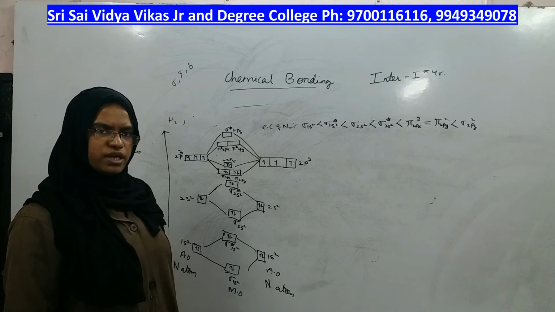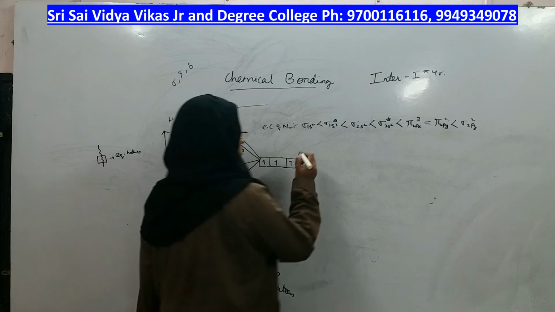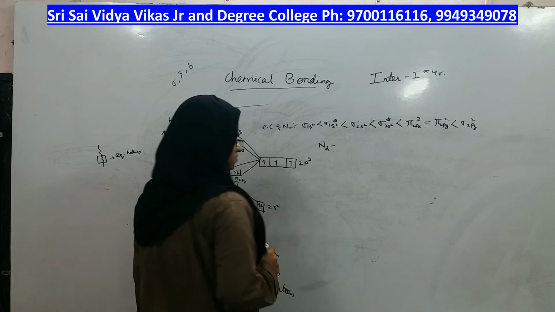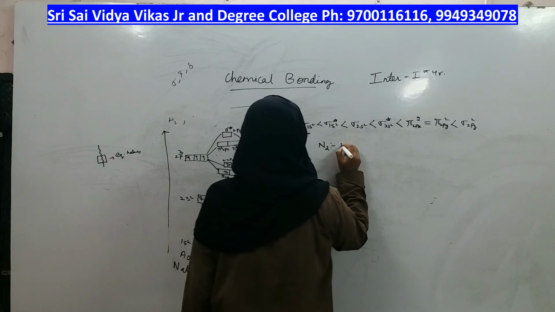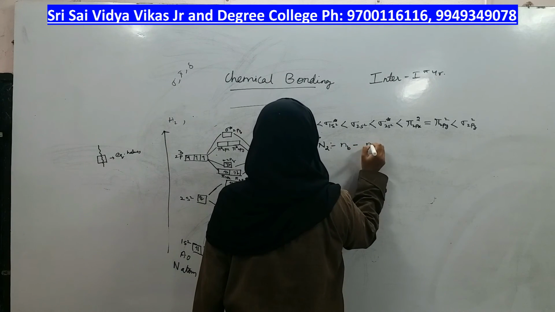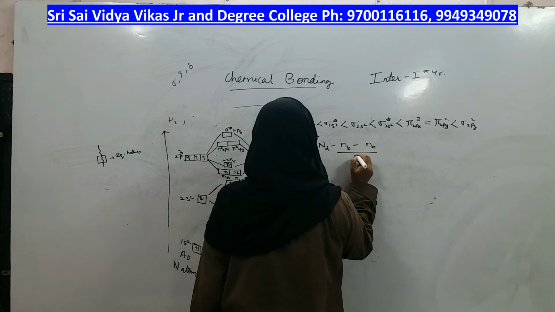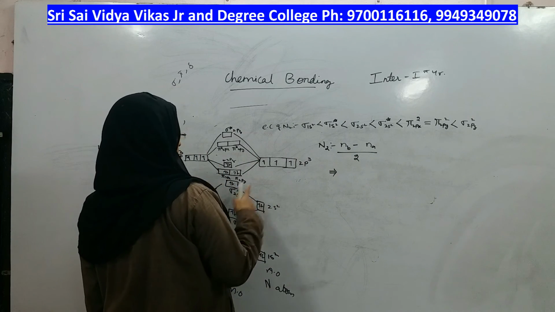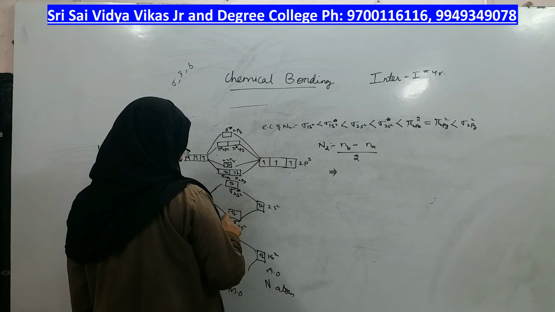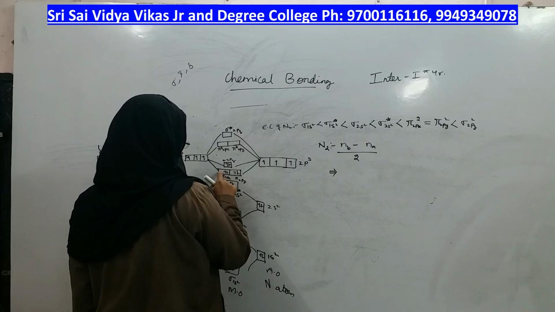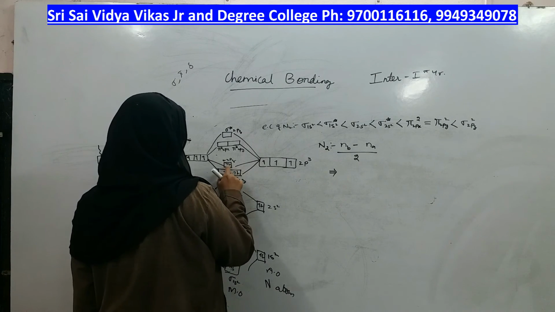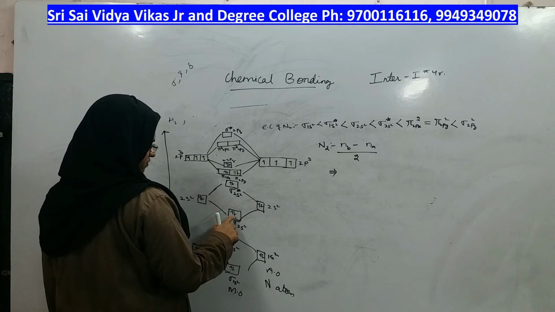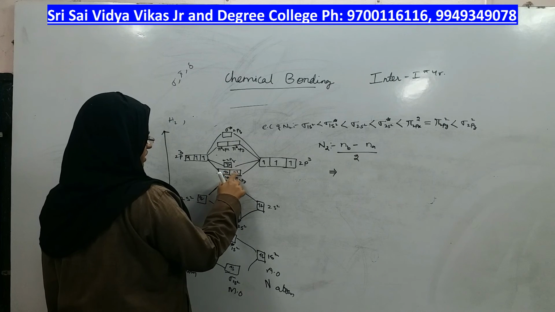Now let us calculate the bond order of nitrogen molecule. Total number of bonding minus total number of anti-bonding divided by 2. Right? How many bonding? 1, 2, 3, 4, 5, 6, 7, 8, 9, 10.